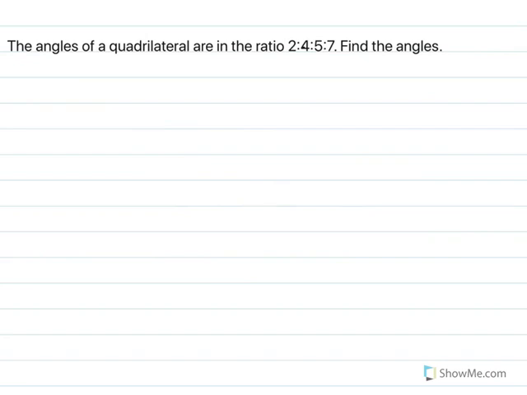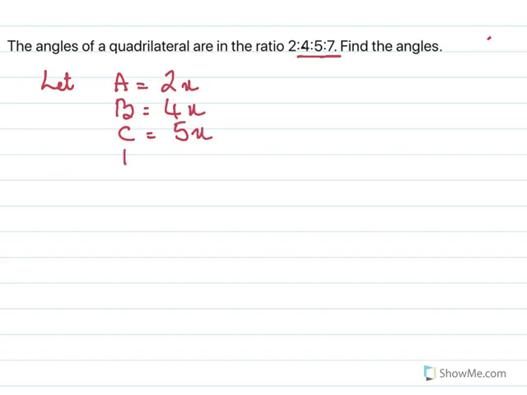The angles of a quadrilateral are in the ratio 2:4:5:7. Find the angles. So let A be equal to 2x, B 4x, C 5x, and D 7x.